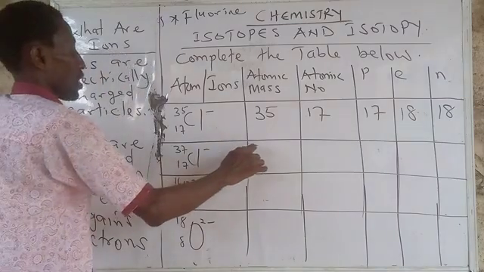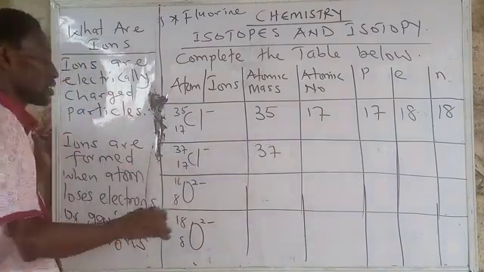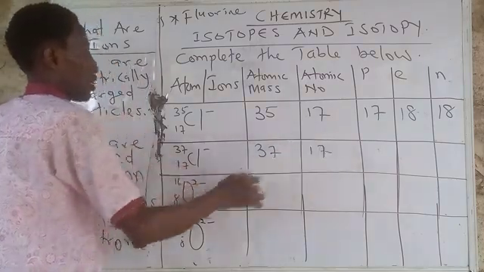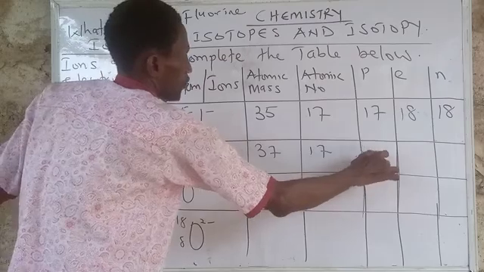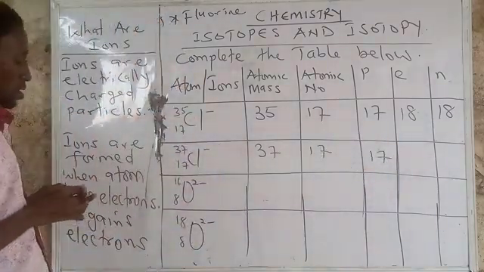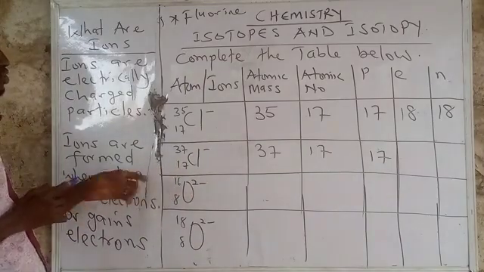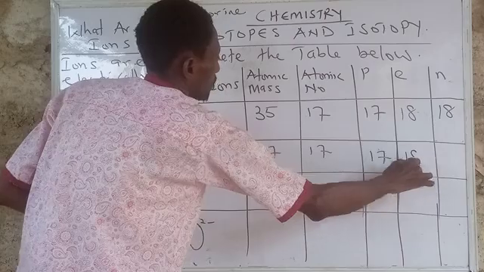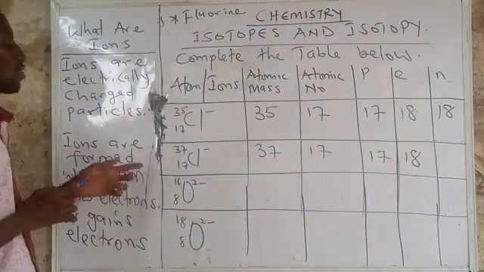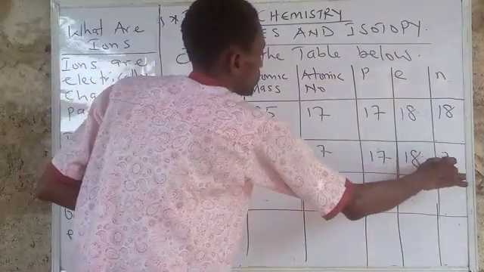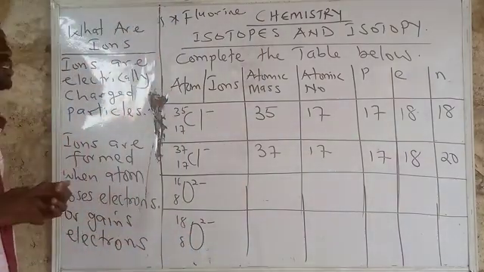The atomic mass is 37. Atomic number 17. Number of protons 17. Number of electrons, it has gained 1 electron. That's 18. And then the number of neutrons, that's 20.